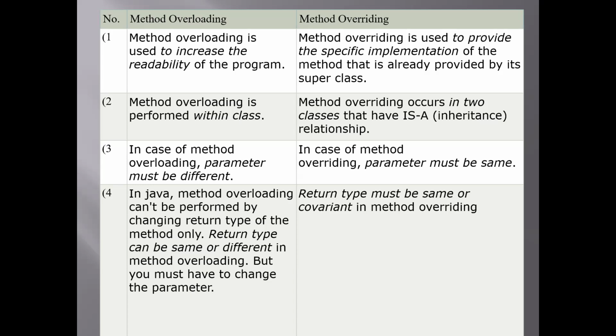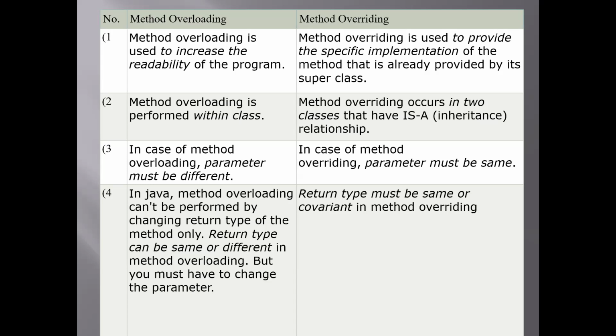But overriding happens in two classes, super and subclass. The super has the original method, and I do the overriding in one of its children. So it occurs in two classes that have an inheritance relationship.